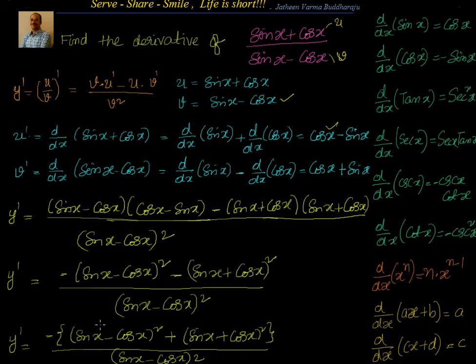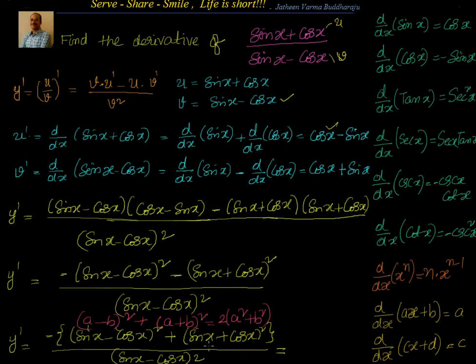Now if you observe, we have a minus b whole square plus a plus b whole square, which we know is nothing but equal to 2 into a square plus b square. So can I go ahead and write it as minus of a minus b whole square plus a plus b whole square, where a is sin x and b is cos x.